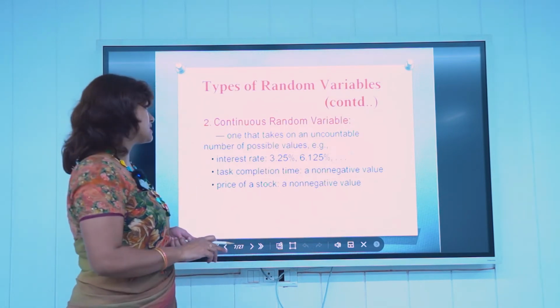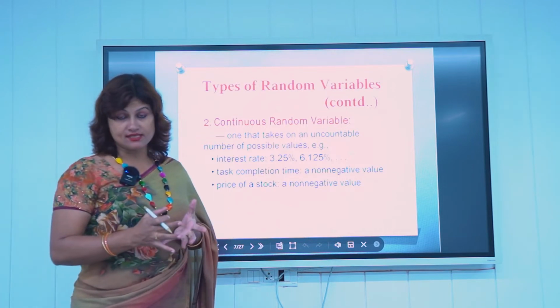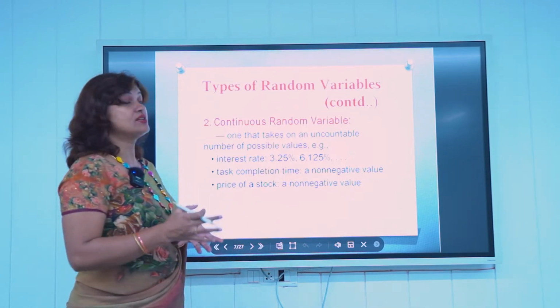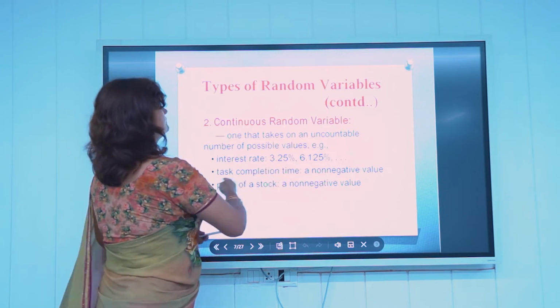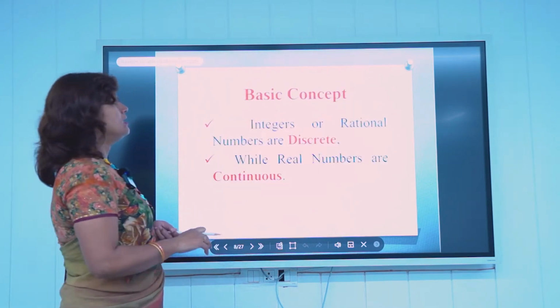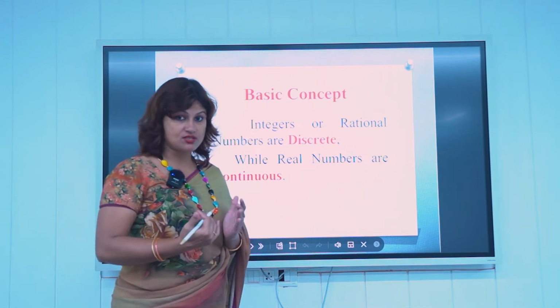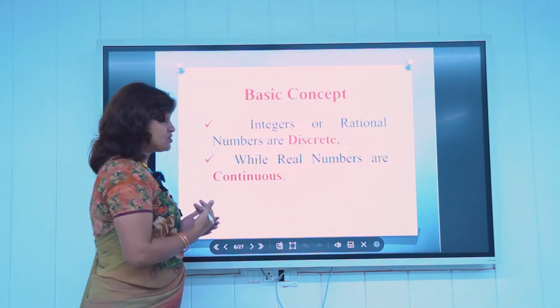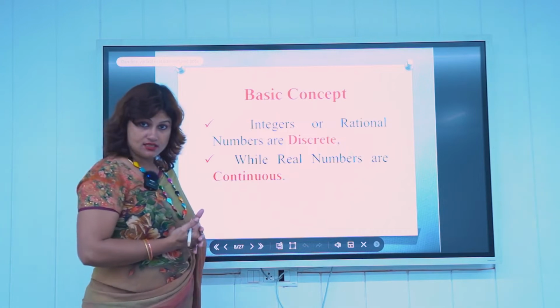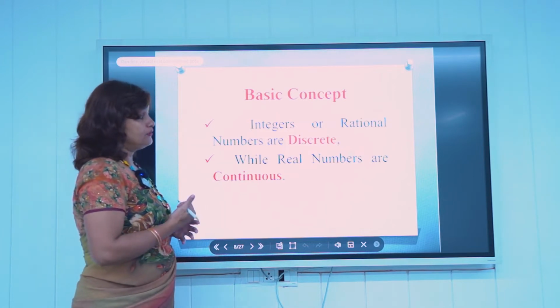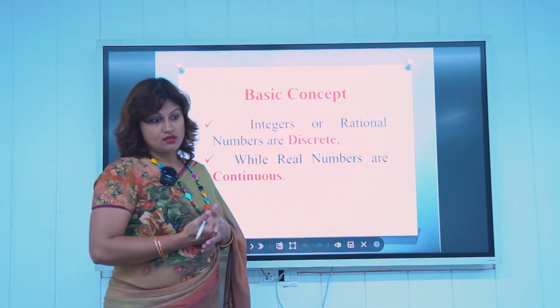All such situations are better assessed under continuous random variable. So the basic concept behind these two discussions was that integers or rational numbers are discrete while real numbers are continuous.